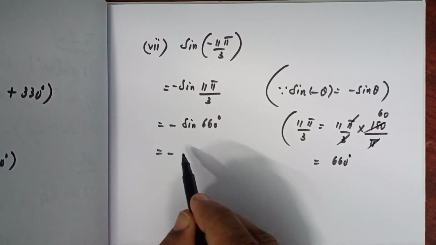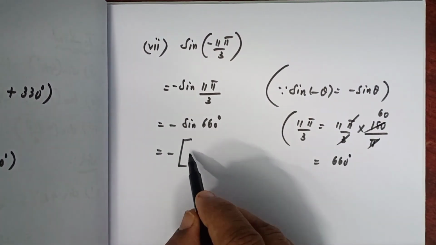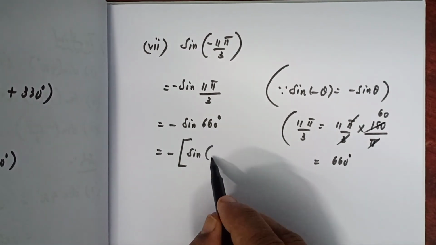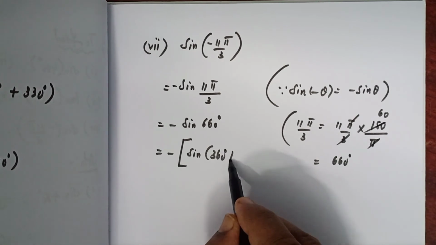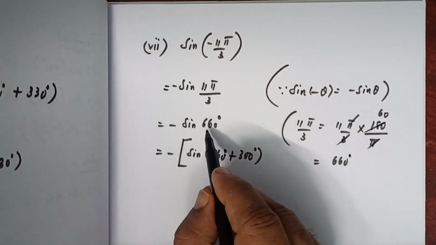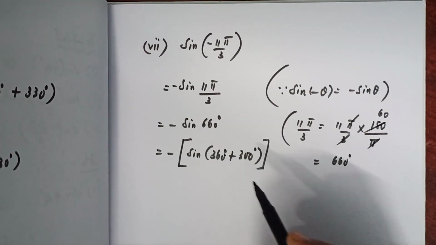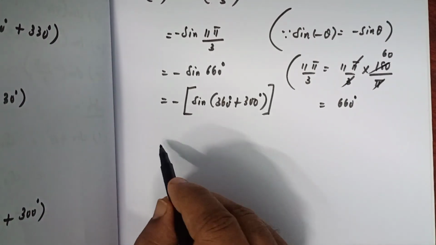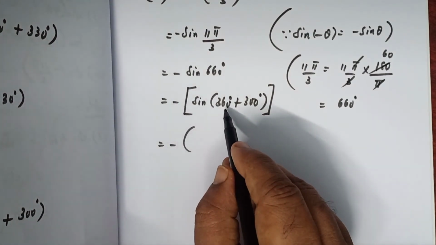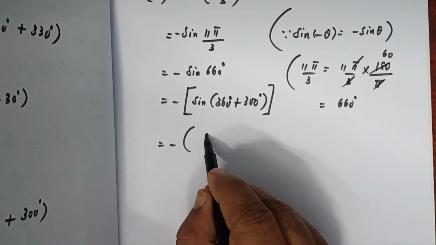That is equal to minus sine of, we can go for one rotation only, that is 360 degrees, balance of 300. 360 degrees plus 300 is equal to 660 degrees. Then for 360 degrees sine becomes sine.